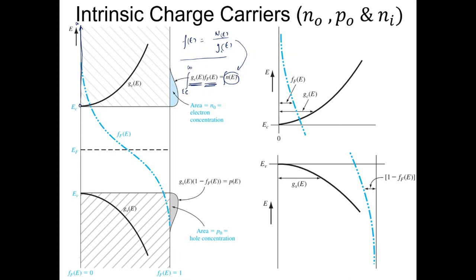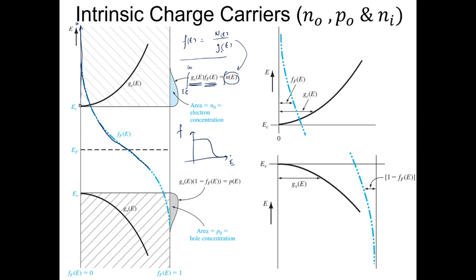You see that I have plotted the Fermi-Dirac distribution, which is this light blue line, and this is plotted as a function of energy. Earlier you have seen F on the y-axis and energy on the x-axis, and it appeared something like this.